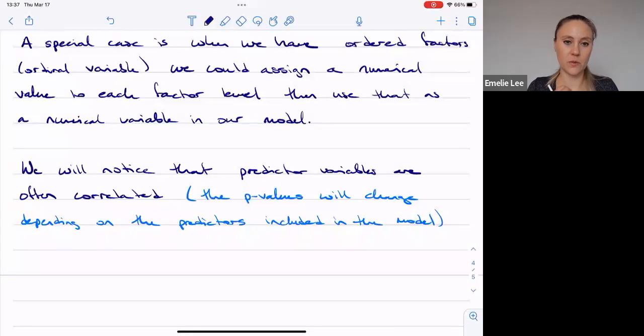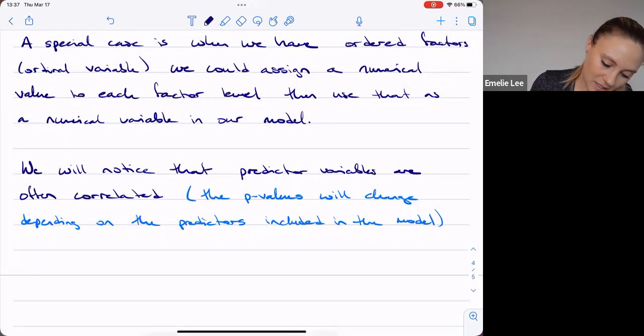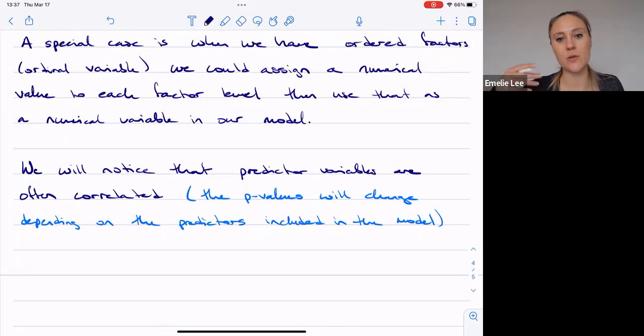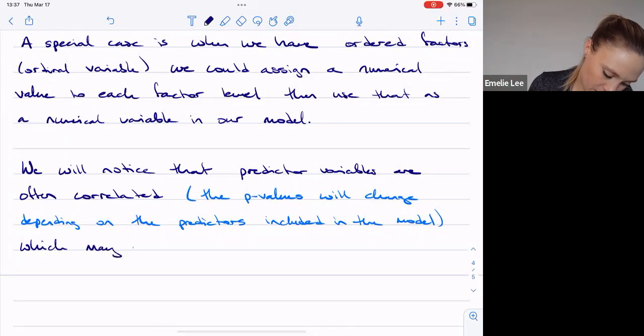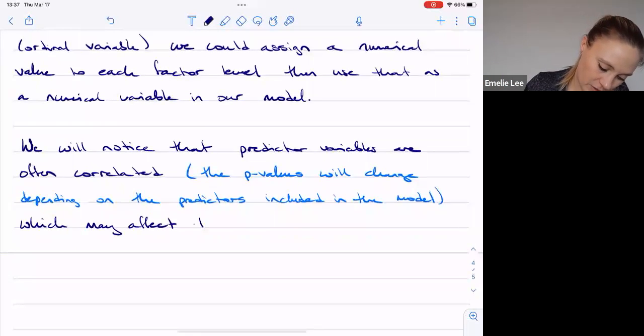Right, so that's what we're going to notice. They're often correlated, which may affect the coefficients as well. So not just the p-values, but also the coefficients in the model.